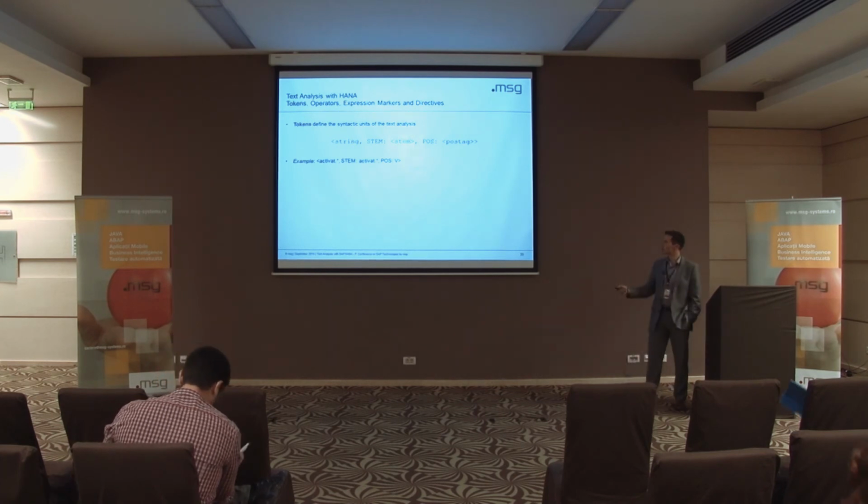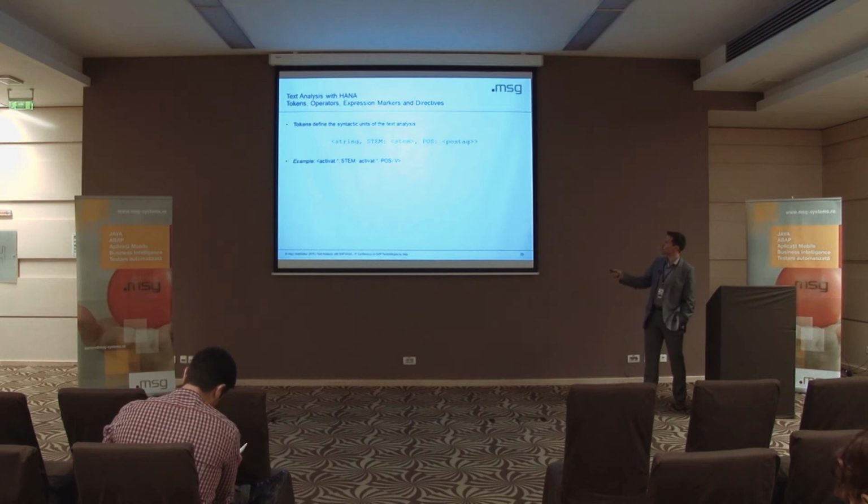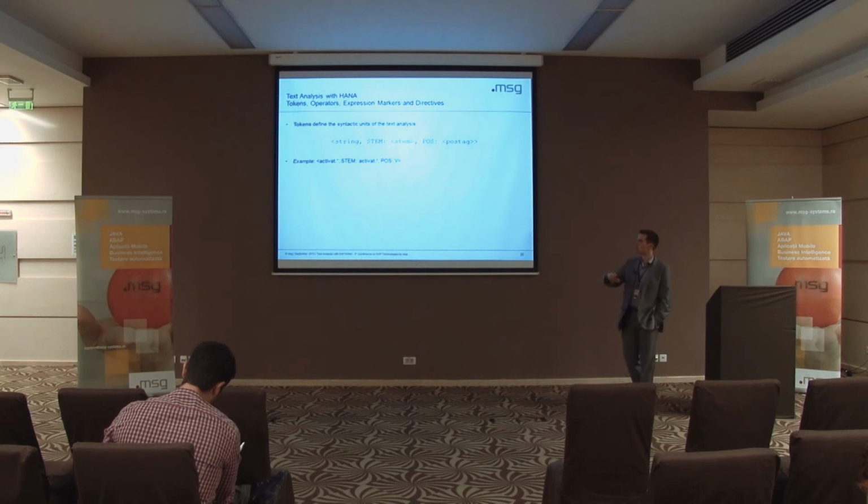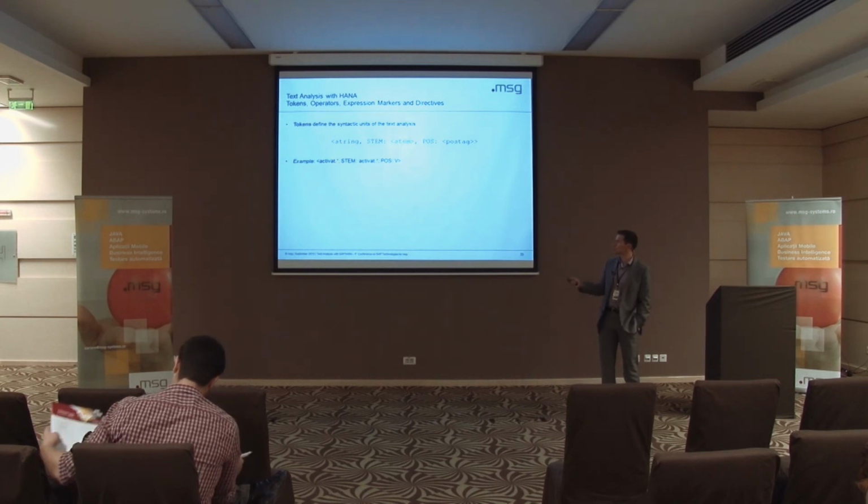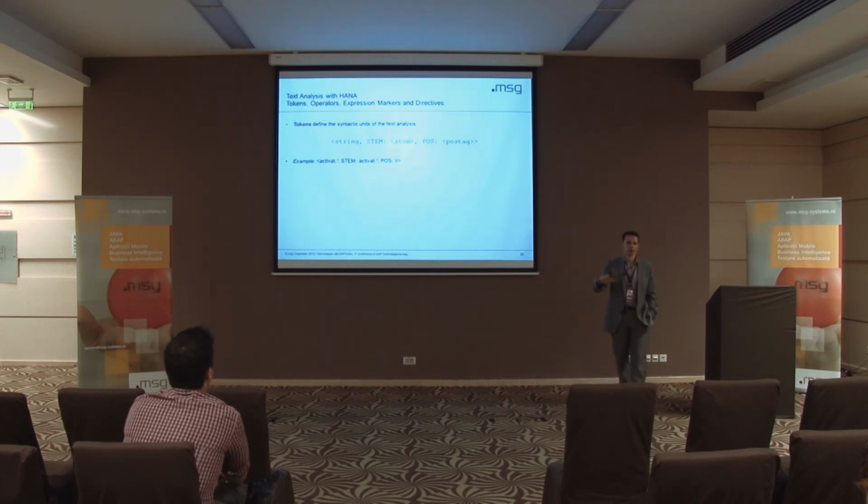So they are the base. They are represented by these brackets, and they can have either a string in them, the stemming of the string, or a position tag, where the position tag means is it a noun, is it a verb? For example, if I want to search for a verb that has the stem activate, as you can see, you can also use wildcards here, then that would be the token that has to be used.